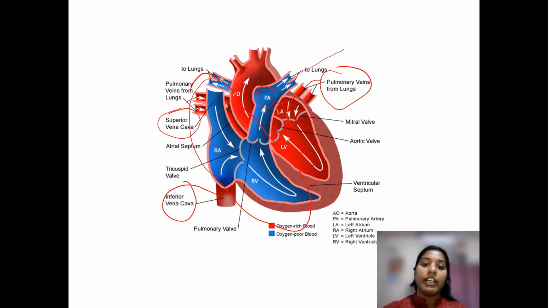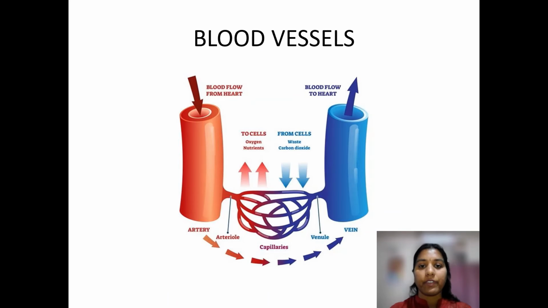From the left ventricle, the oxygenated blood is pumped into the aortic artery. From the aortic artery, the oxygenated blood passes through the entire body. Got it?